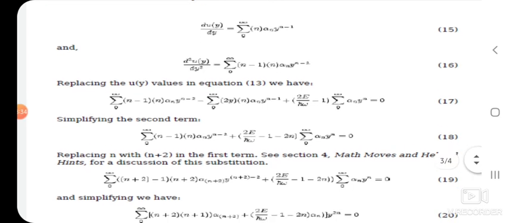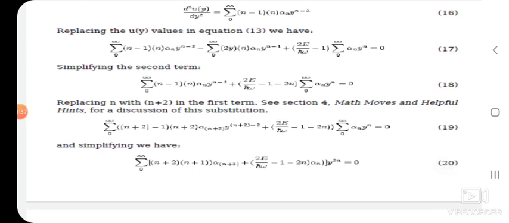If we substitute n by n plus 2, then our equation number 18 becomes summation 0 to infinity n plus 2 minus 1 n plus 2 a_n plus 2 y raised to n plus 2 minus 2, plus 2e by h cross omega minus 1 minus 2n into summation 0 to infinity a_n y raised to n is equal to 0.